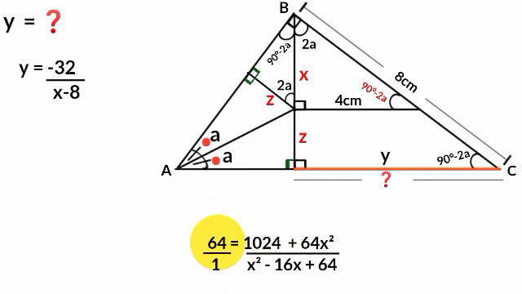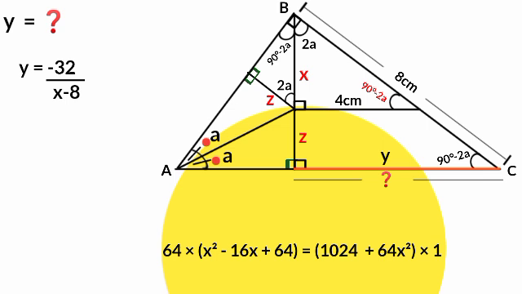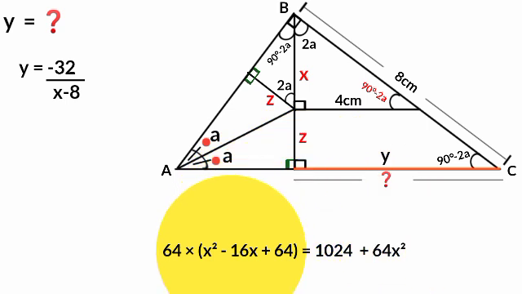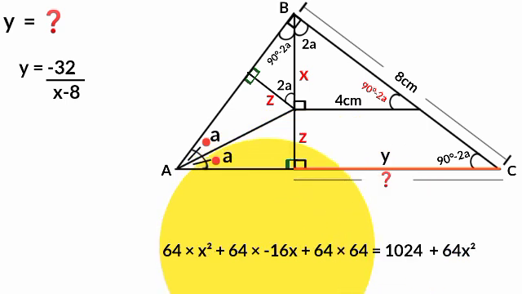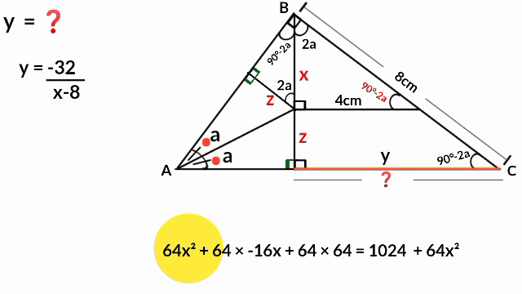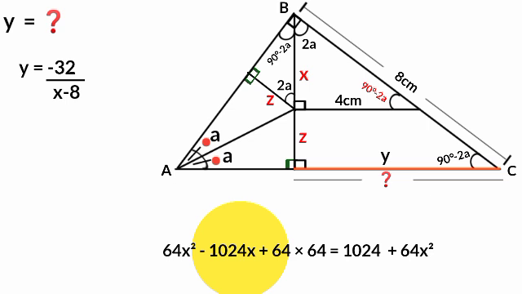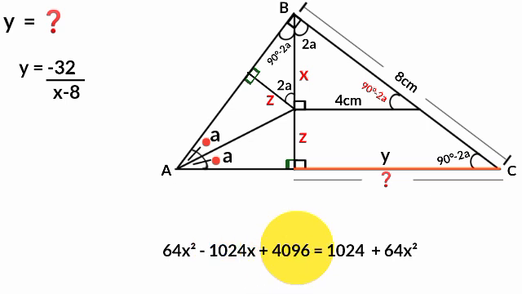64 is the same as 64 over 1. If we cross multiply, 64 times (x squared minus 16x plus 64) equal to (1024 plus 64x squared) all multiplied by 1. 64 times (x squared minus 16x plus 64) is 64 times x squared plus 64 times minus 16x plus 64 times 64. 64 times x squared is 64x squared, 64 times minus 16x is minus 1024x, and 64 times 64 is 4096.